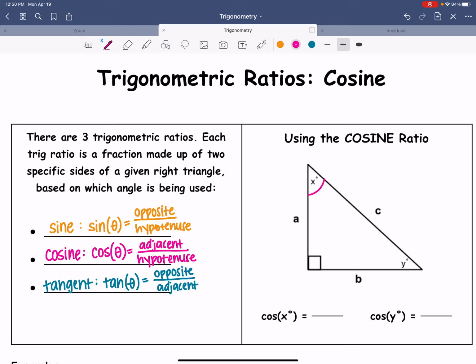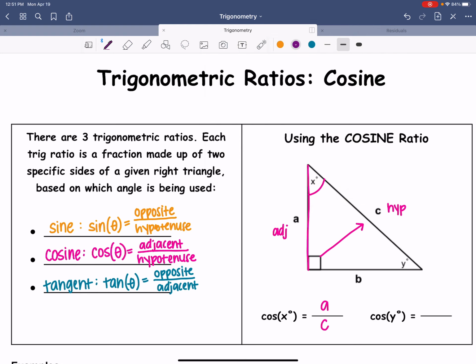So the adjacent side of this triangle, if we're looking from angle x, would be side A. The hypotenuse is always going to be directly across from the 90-degree angle. So for the cosine of x, our ratio would be A over C. Adjacent over hypotenuse, so that would be side A over side C.